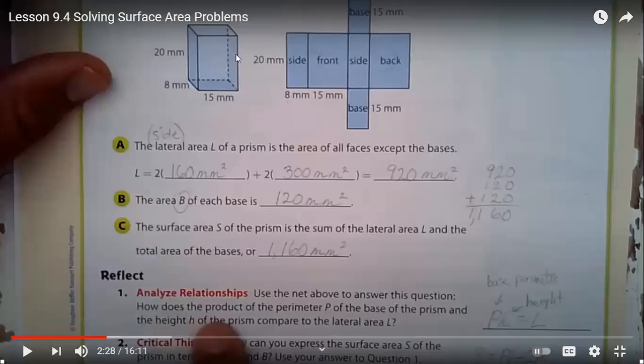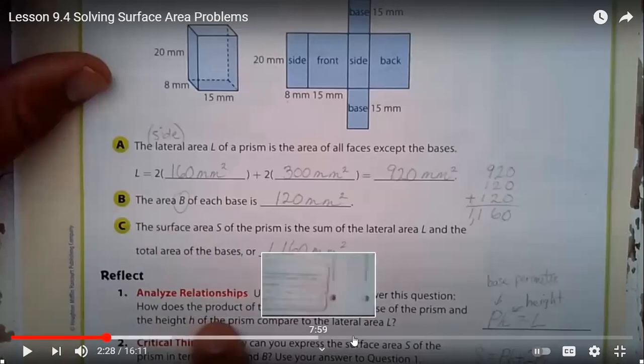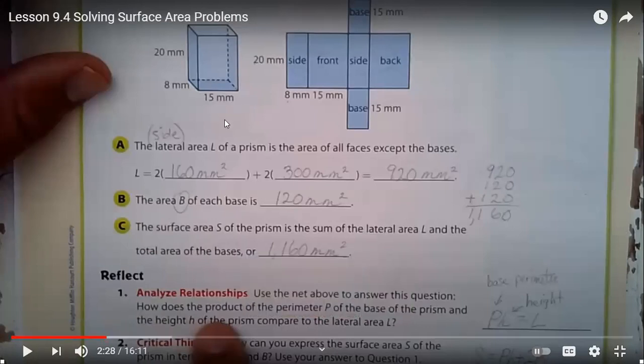Use the net above to answer this question: How does the product of the perimeter P of the base of the prism and the height H of the prism compare to the lateral area?